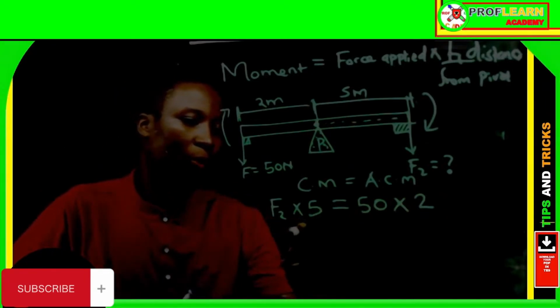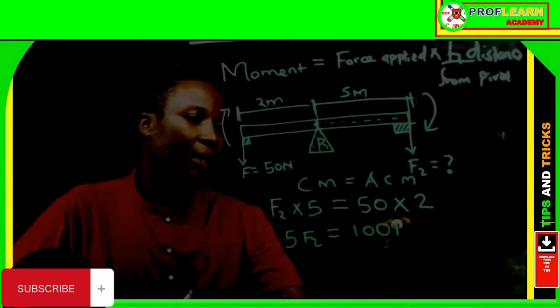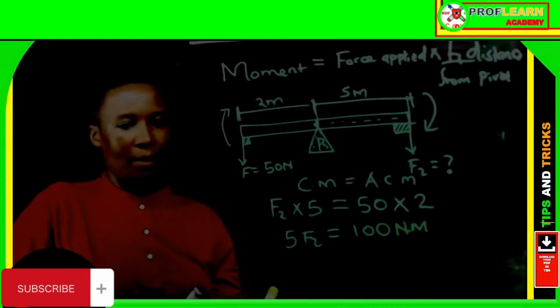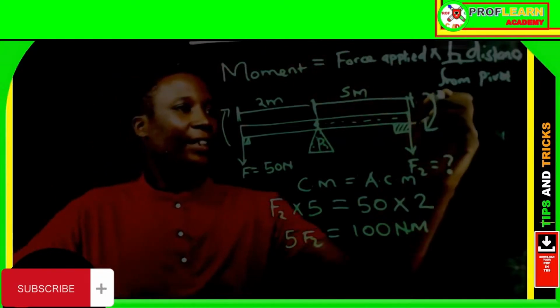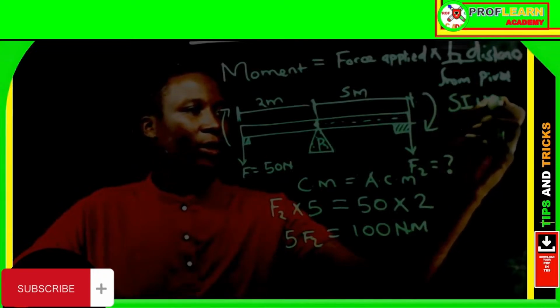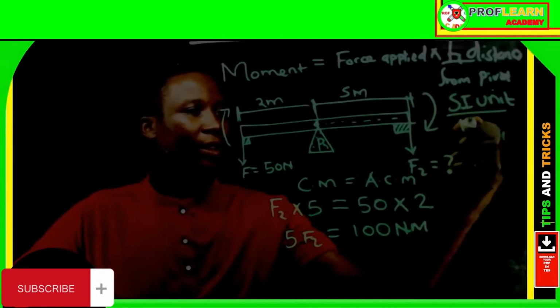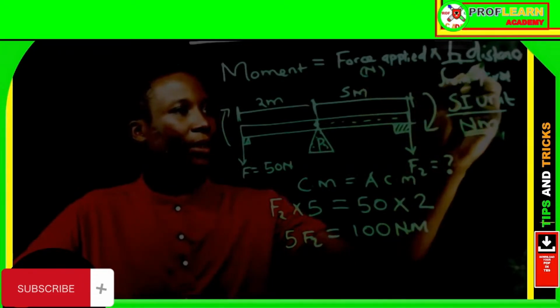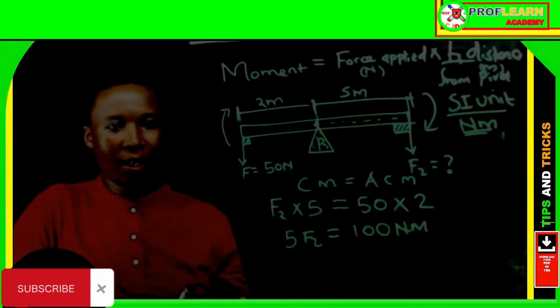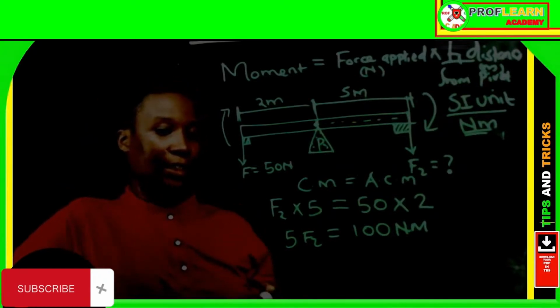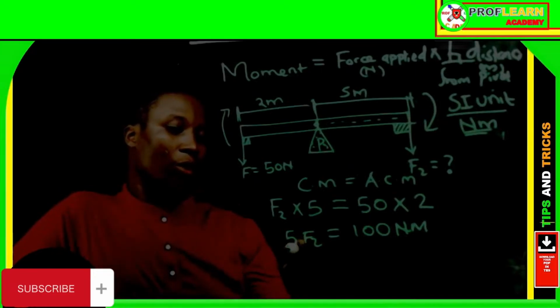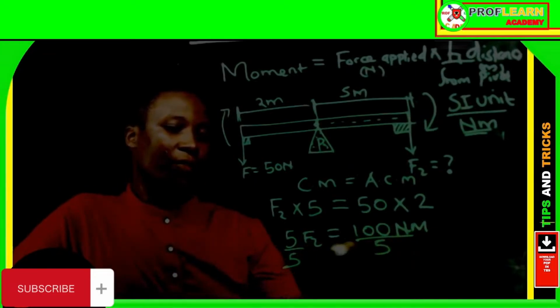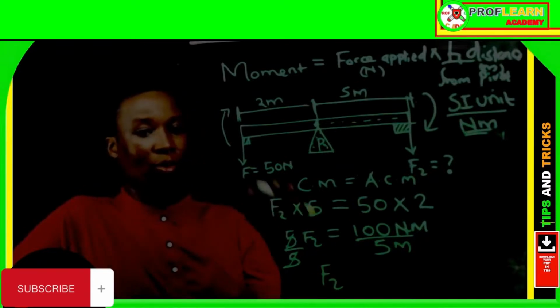So basically this is going to be 5 F2 equals 100 Newton meter. Remember, the SI unit of a moment is Newton meter, because it's force, which is Newton, times distance, which is in meters. So if we divide by 5 here, we are going to remain with F2, and the meters cancel, because distance was in meters.